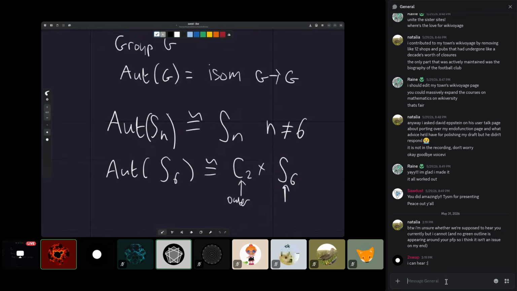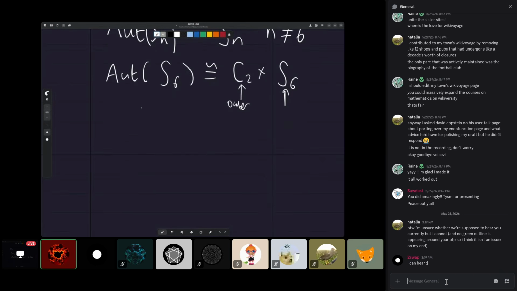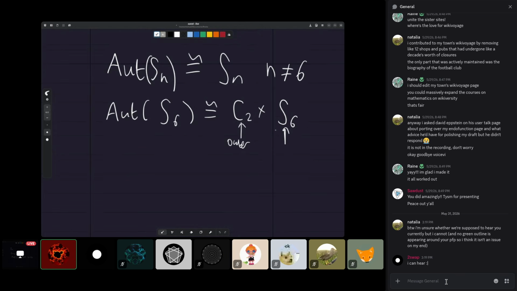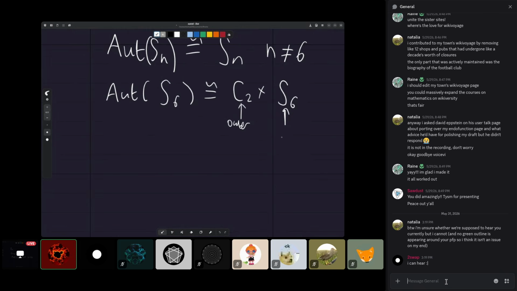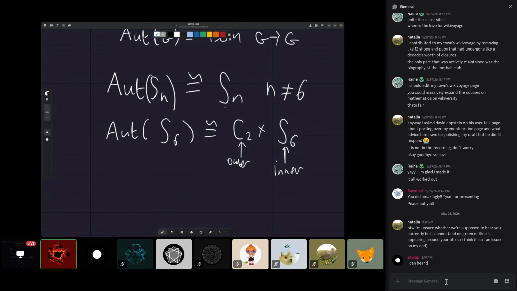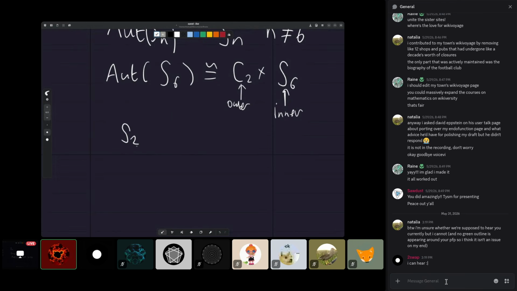There's also an exception with 2, right? But it's in the other direction. There is an exception with 2. With S2, the automorphism group is S2. Normally for Sn, n not 2, these are all inner, but for S2, the automorphism group of S2 is still S2, but the non-trivial element of this is an outer automorphism.